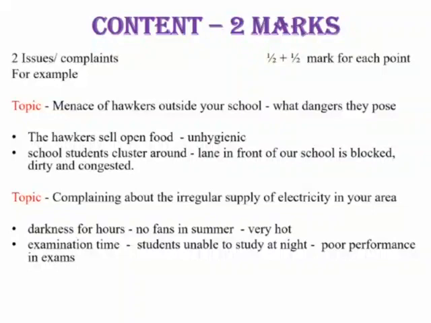These could be your 2 issues, these could be your 2 complaints for which you want some kind of correction from the person to whom you are writing. So for both these points, of course, you have to write it in full sentences, proper sentences. You pick up half a mark each.